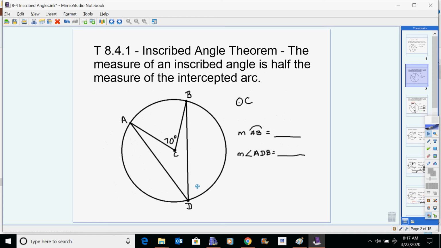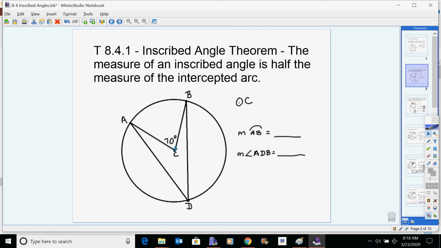In this particular circle that we have to take a look at, there's one inscribed angle, angle ADB, and there's another angle, angle ACB, which is not inscribed. However, I hope that you are remembering that angle ACB is actually what we call a central angle. Central angles are important, so we'll just throw that word back out there for you.